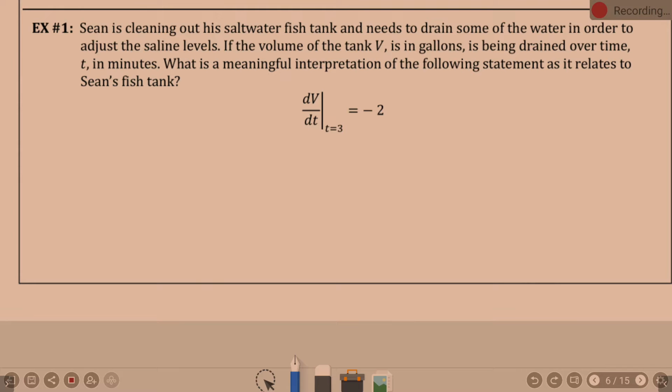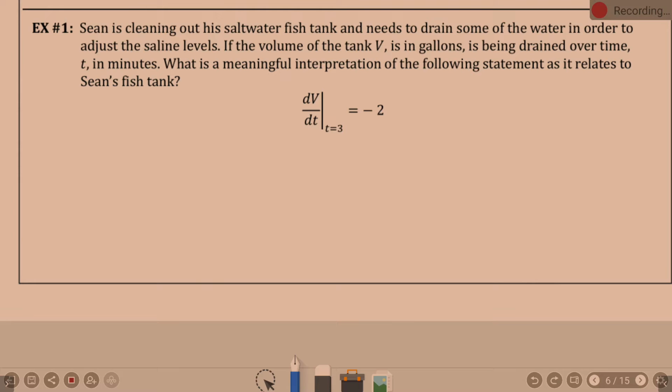Generally when you look at this, the rate at 3, the rate is changing at 2. So at 3 minutes, the tank is being drained at 2, what are we in? Gallons a minute. I know it's a very slight difference, but there is that slight difference there.